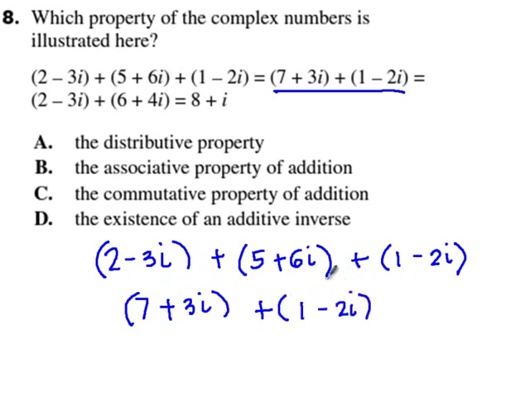What I was doing was I added these two first, and the result is added to the third addend. That is a way of saying I group these two addends first, and then I add the result to the next addend. That's what this part is saying.